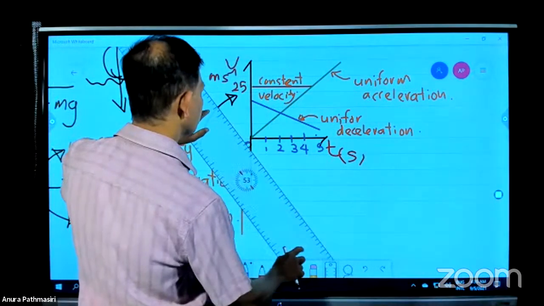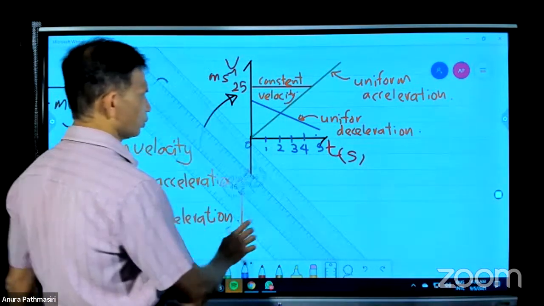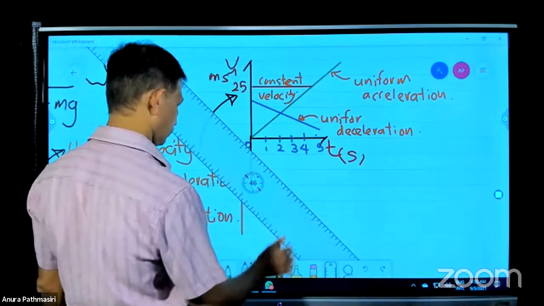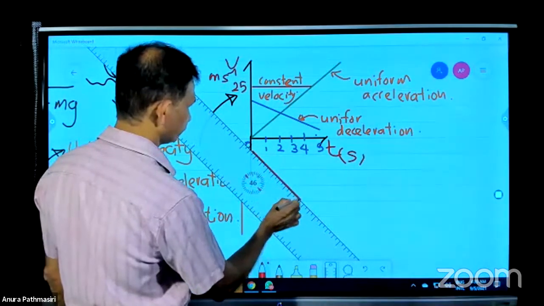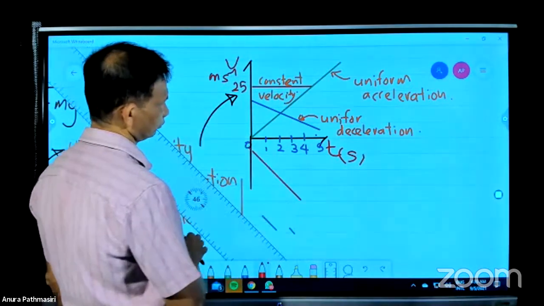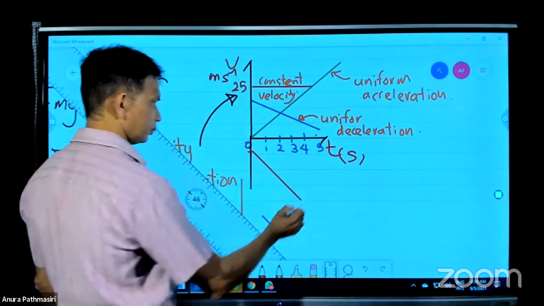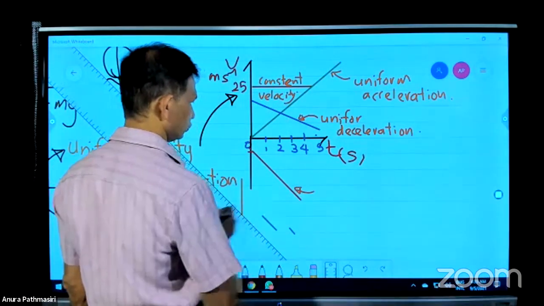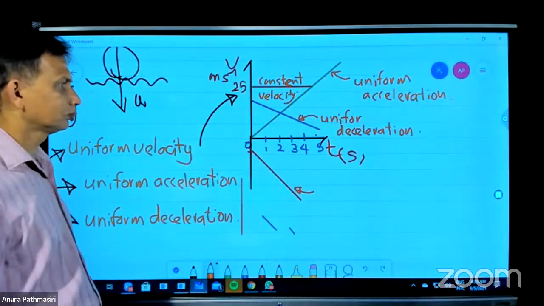Right. Now you should not misunderstand this one. What sort of motion is this one? Acceleration for the opposite direction.